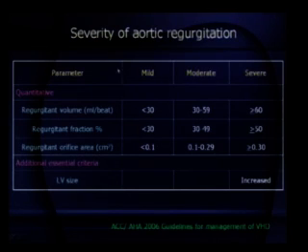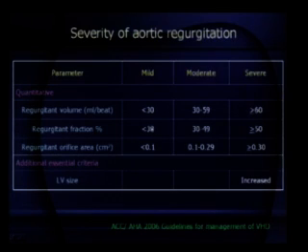If the regurgitant volume in milliliters per beat is less than 30, then it is mild aortic regurgitation. If it is between 30 to 59, then it is moderate, and if it is more than 60, then it is severe aortic regurgitation.